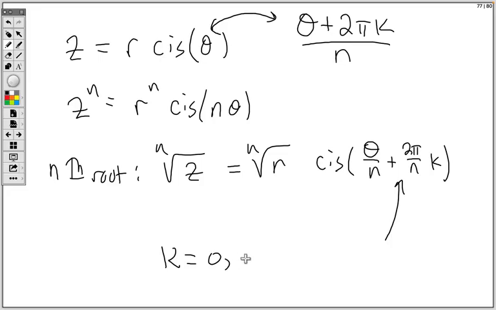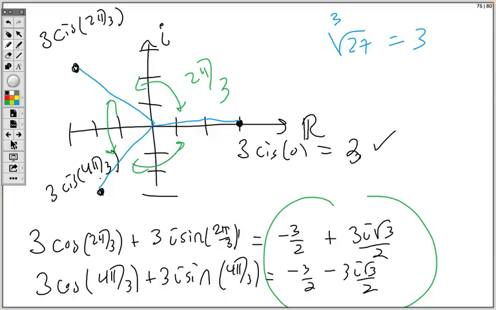And then I would start running through my k's. I'd have to run through from 0 to n minus 1, because when k is n, the n's would cancel, I'd be back to 2 pi, and it'd be coterminal to my initial one. So this gives us n distinct nth roots. In my example with the 3, I had 3 distinct third roots, each of them 2 pi over 3 apart.